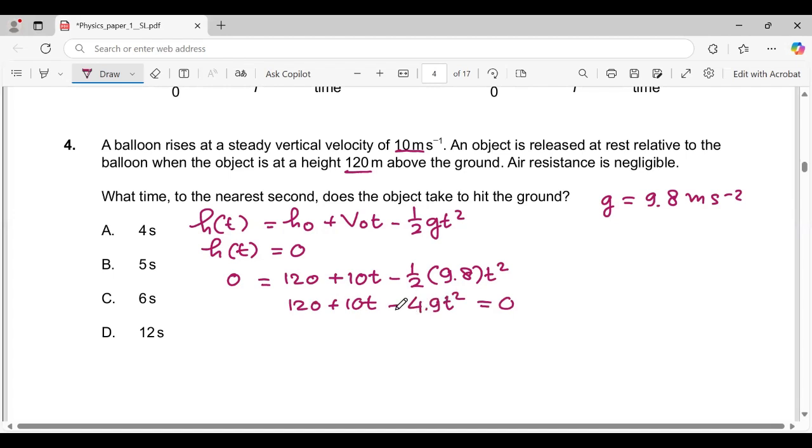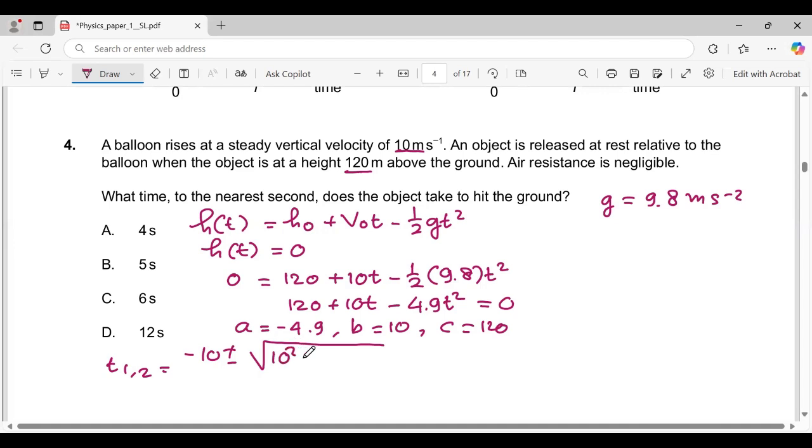Now we will find the value of t. Using the ABC formula, we identify a equals minus 4.9, b equals 10, and c equals 120. So t1 and t2 equal minus 10 plus or minus the square root of 10 squared minus 4 times minus 4.9 times 120, divided by 2 times minus 4.9.